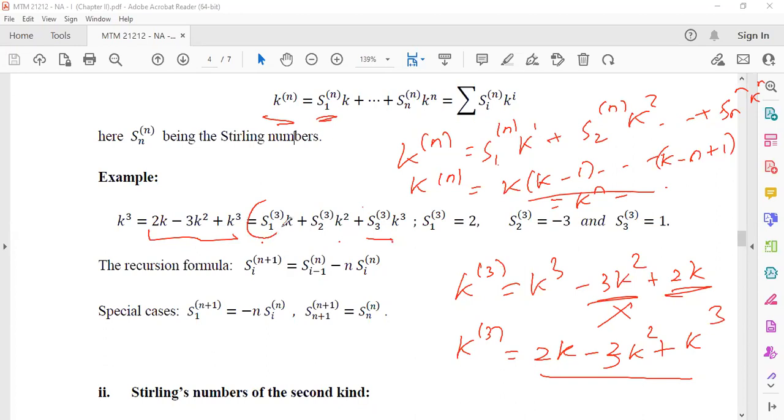Then only can you find the Stirling numbers: S1 3 is equal to 2. So equate the coefficients. The second one, see here, minus 3, so you have to put the minus 3. Similarly S3 3 you have to put the 1. So this will be the example. Write down carefully.